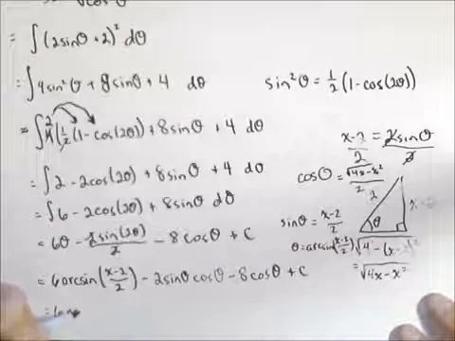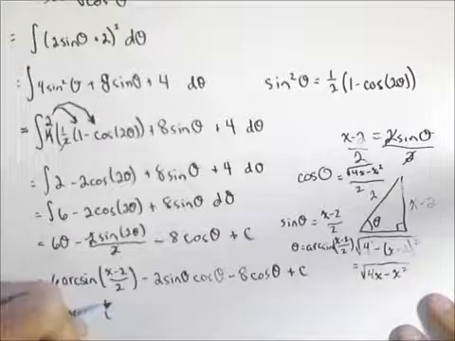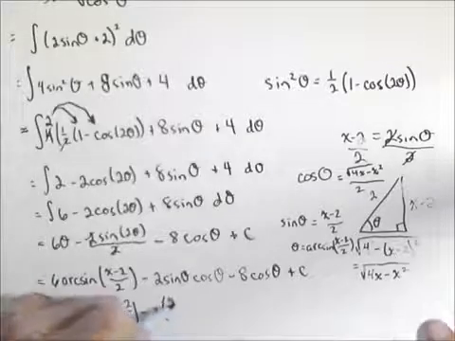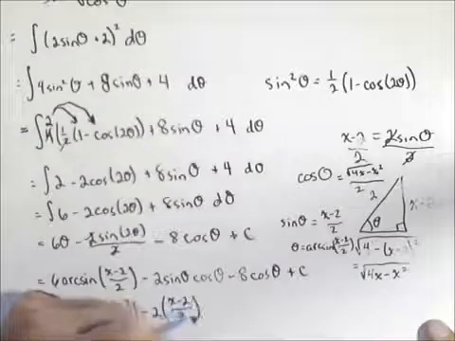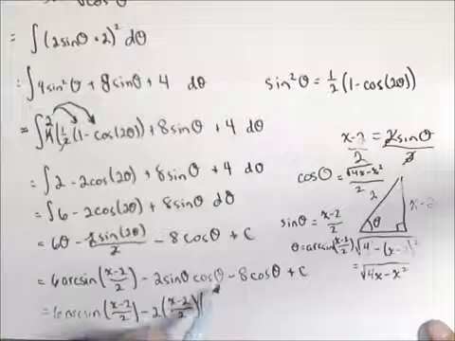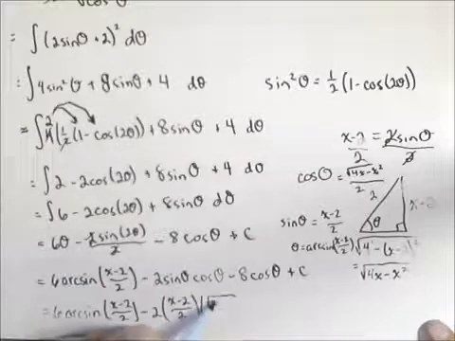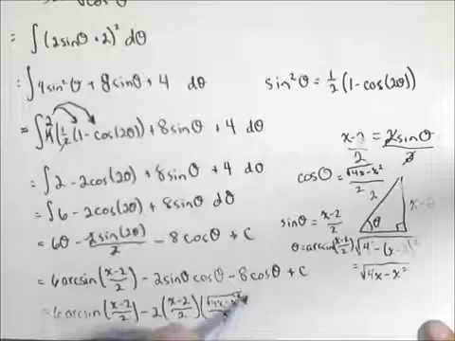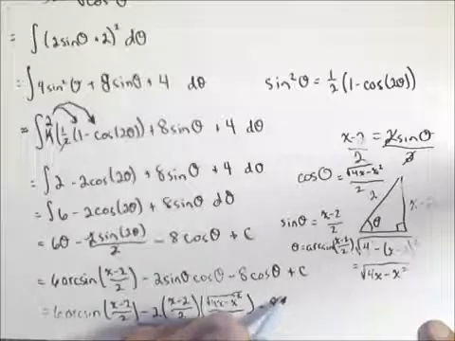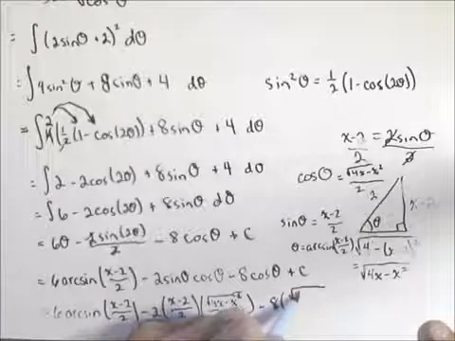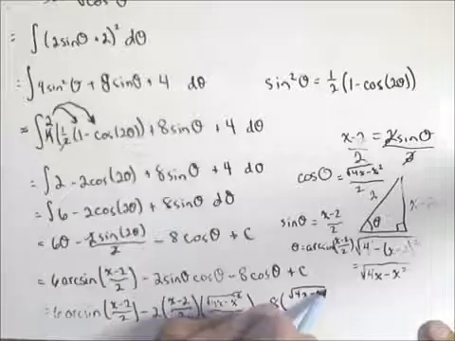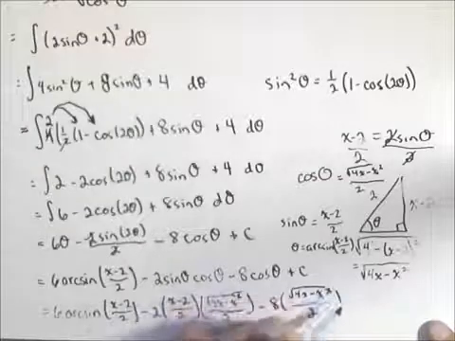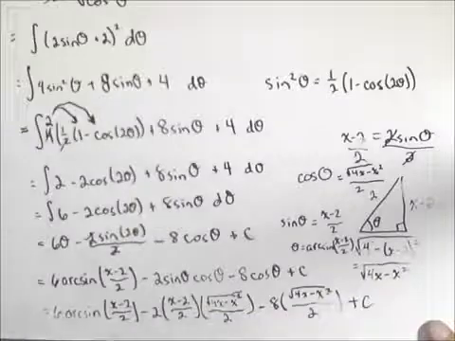So we have 6 arc sine of x minus 2 over 2 minus 2 times sine theta, which is x minus 2 over 2, times cosine theta, which is square root of 4x minus x squared over 2, minus 8 times cosine theta, which we just said is square root of 4x minus x squared over 2. And finally our plus c.